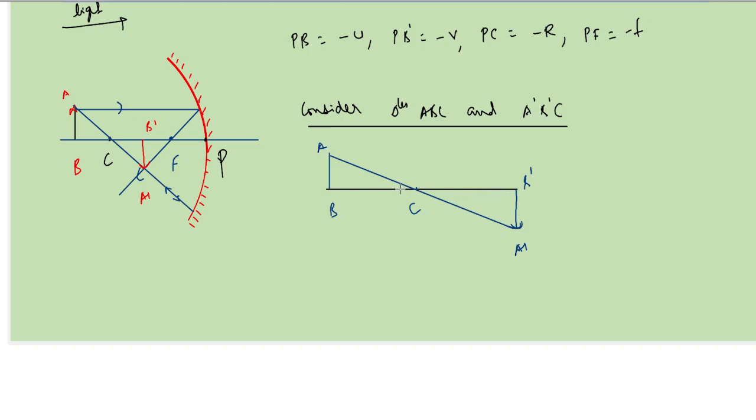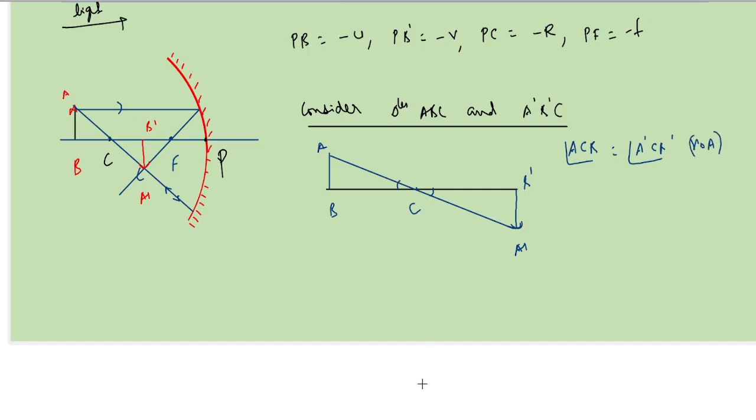For these triangles, we need to prove that they are similar. First and foremost, the angle made here is equal. So angle ACB is equal to angle A dash C B dash, because these are vertically opposite angles.